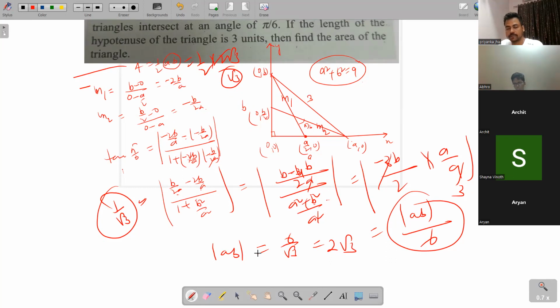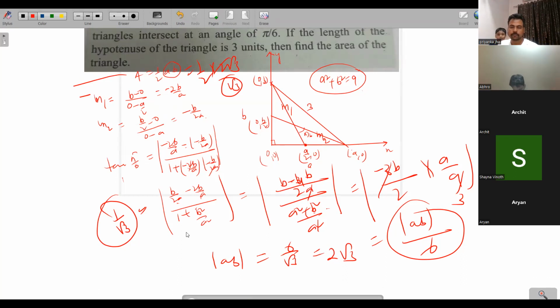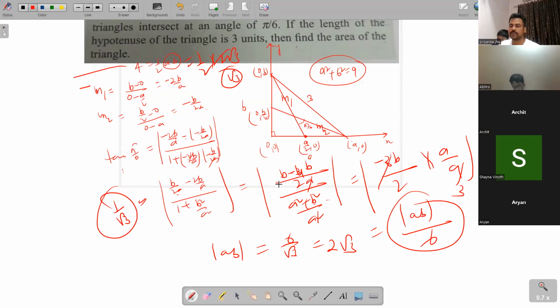Yes, sir. डन. चलें आगे. नेक्स्ट क्वेश्चन.